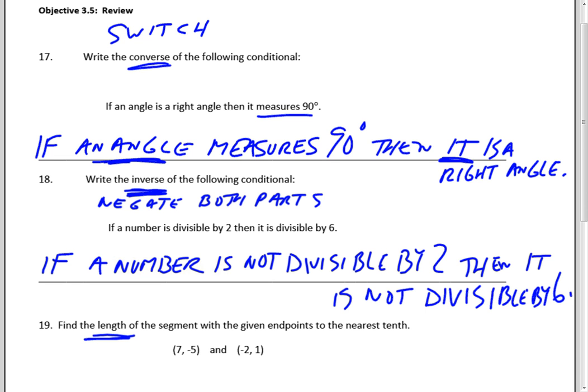And if the SOL test, or a test, is asking for inverse, converse, contrapositive, most of the time we're not interested in whether our outcome is true or not. We're just checking to see whether or not you know the vocabulary.